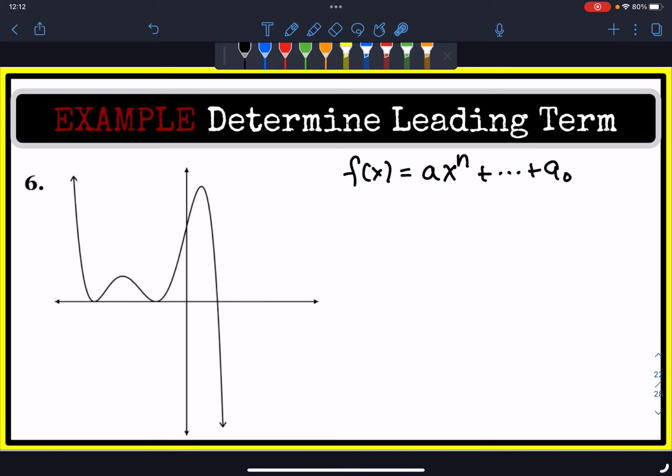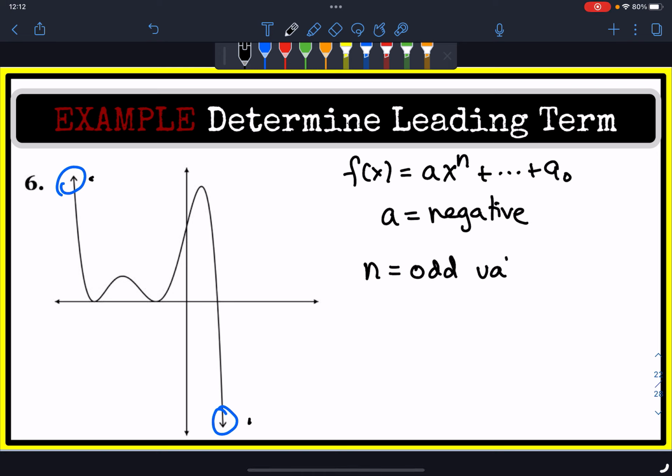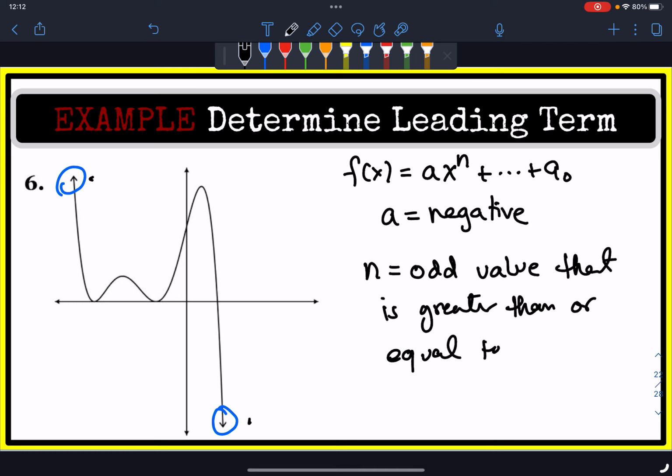So let's see what information we can get. Well, because this is decreasing, we have one end up and one end down. This graph is decreasing. So we know that the value of a is going to equal a negative number. Now, what about the exponent? Well, since the two ends are pointing in opposite directions, that means that our exponent is going to be an odd number that is greater than or equal to 1 unit higher than the number of turning points.